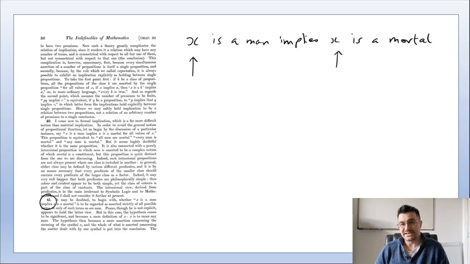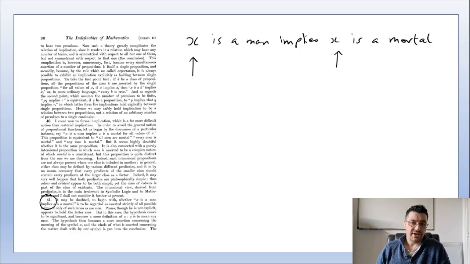They're restricted to a single type. A variable in Principia Mathematica can only range over one particular type. There are occasions where it appears that we've got a variable that spans different types, but it's not strictly speaking the case.